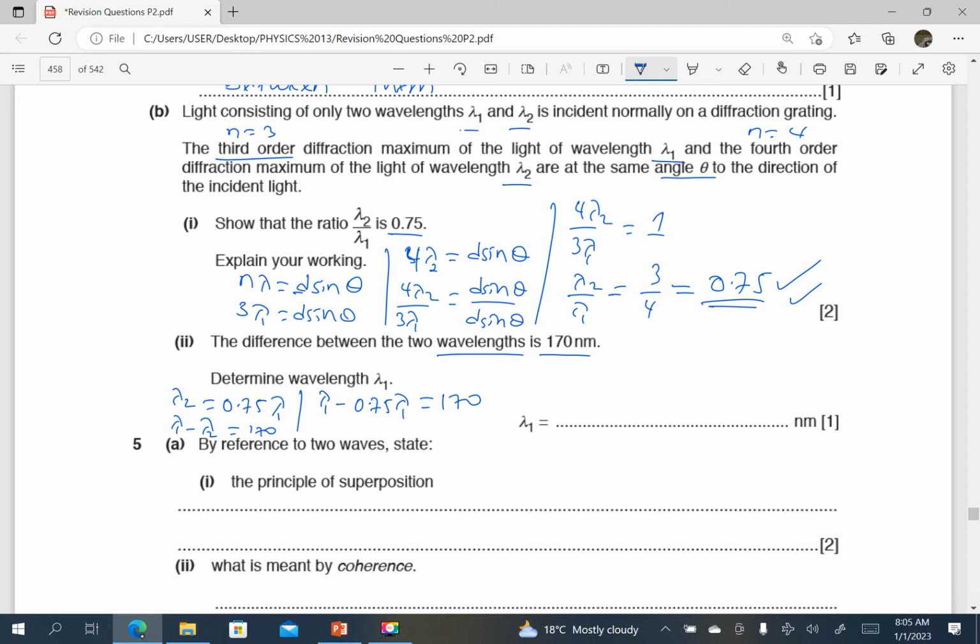Lambda 1 minus 0.75 lambda 1 gives us 0.25 lambda 1, so we subtract 1 minus 0.75. So this is equal to 170. I just divide 170 by 0.25. That is 680. So it means lambda 1 is 170 divided by 0.25, which is 680 nanometers.